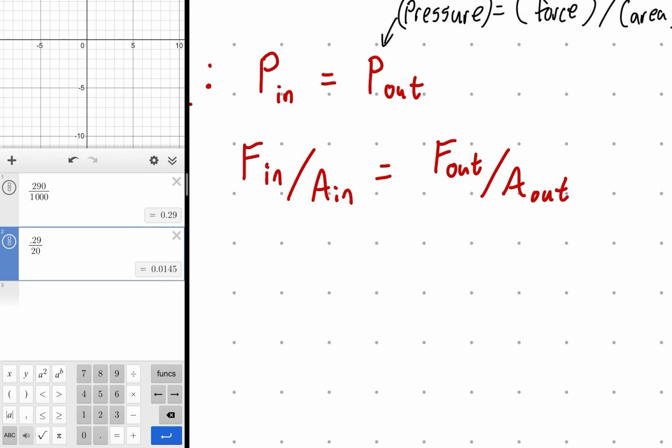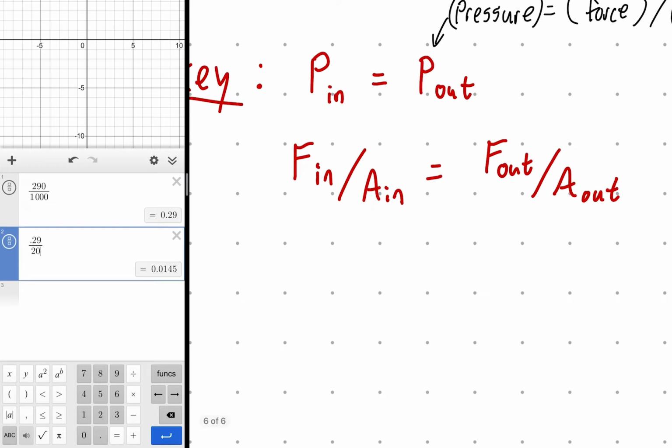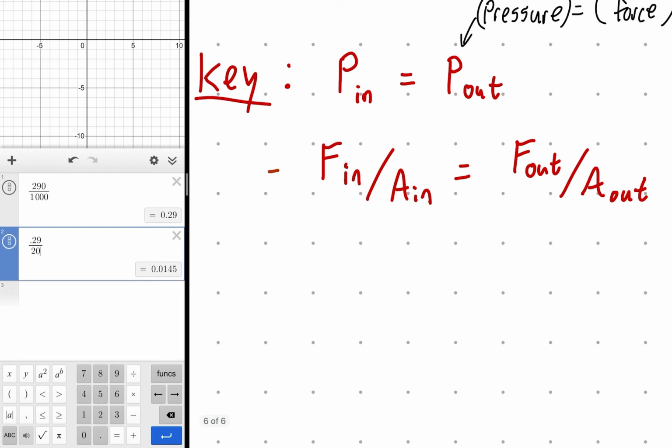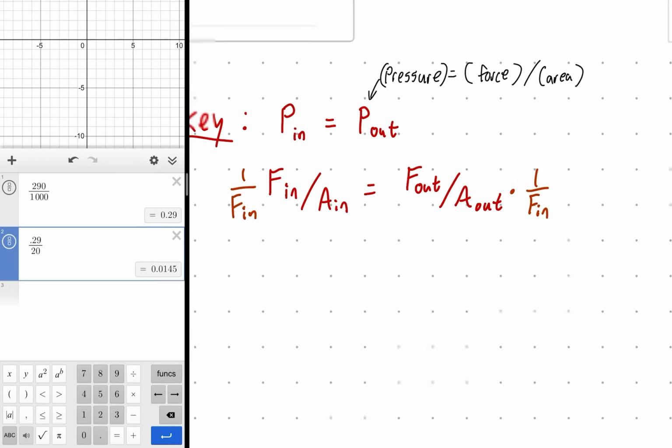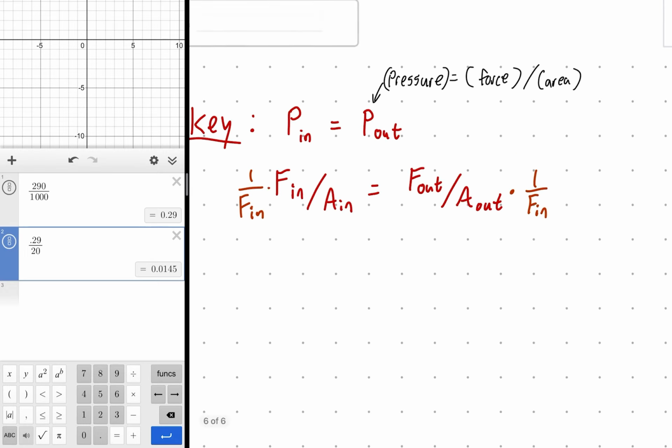So let's do that as two separate steps, and I'll do it in a slightly different color of red here. So I said I was going to be dividing both sides by F in. So I'll take the idea here that I'm just going to multiply both sides by 1 over F in. And over here, same thing, 1 over F in, because anytime with algebra, as long as you do the same thing to both sides of the equation, it's totally allowed.